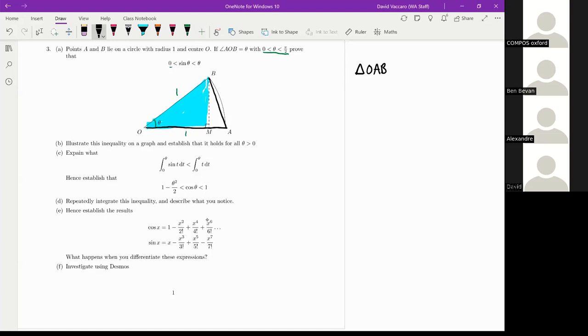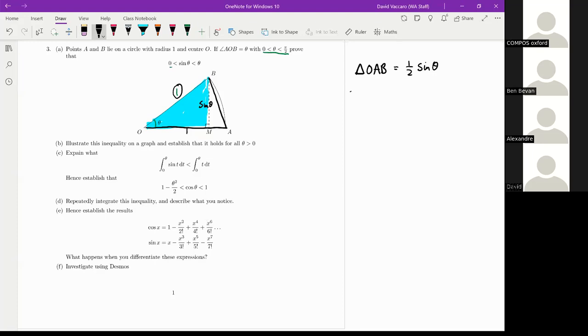Well, its height by simple trigonometry is just MB, so its height is sine theta. So the area is half of the base, which is 1, times the height, which is sine theta. So the area is half sine theta. Or we could have thought about the two sides, 1 and 1, and then the angle between them is theta. So the area is a half of the two sides multiplied by the enclosed angle. So the area of OAB is half sine theta.